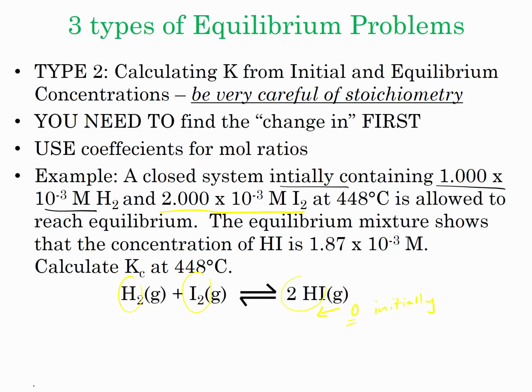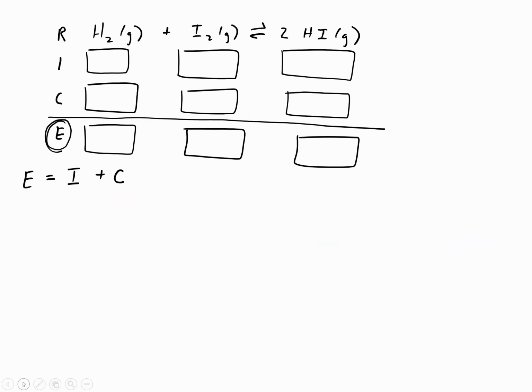And they tell us the amount at equilibrium. They tell us this is this at equilibrium. So let's fill in the boxes that they're telling us and not telling us, and then let's try to get Kc. So this was given to be 1.000 times 10 to the negative third.